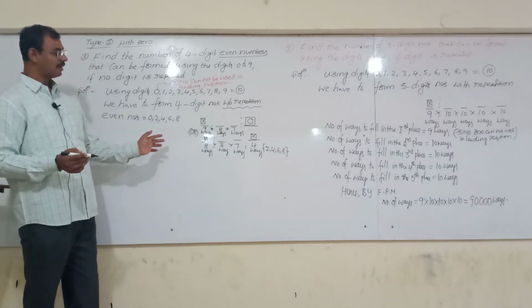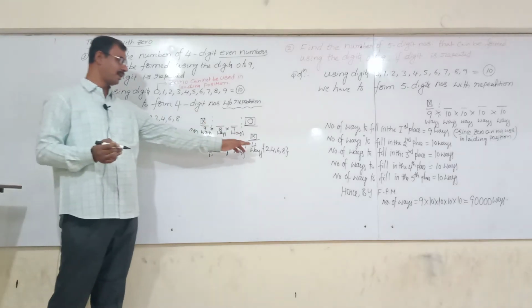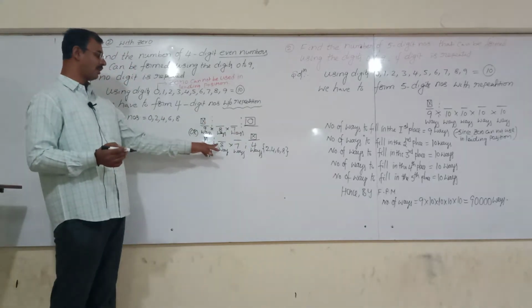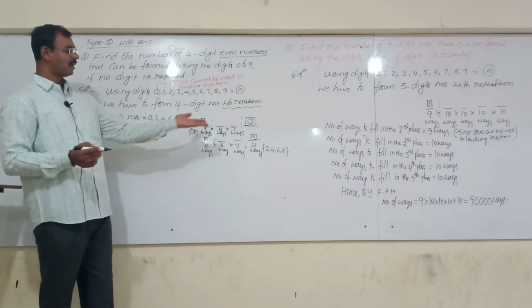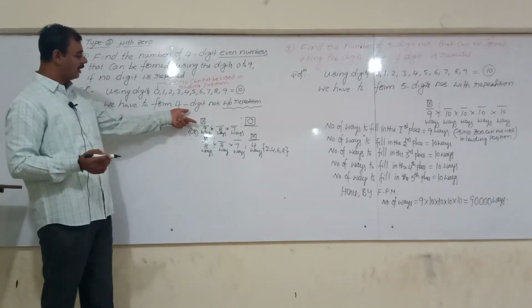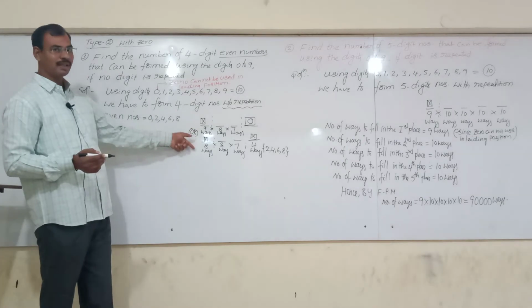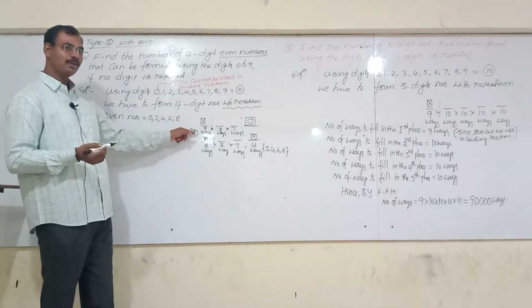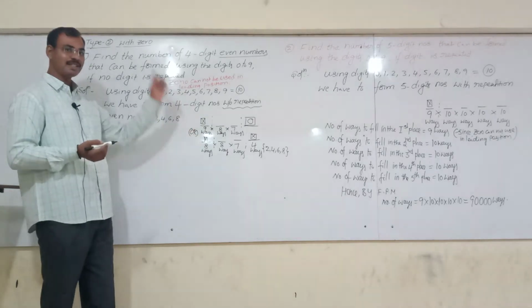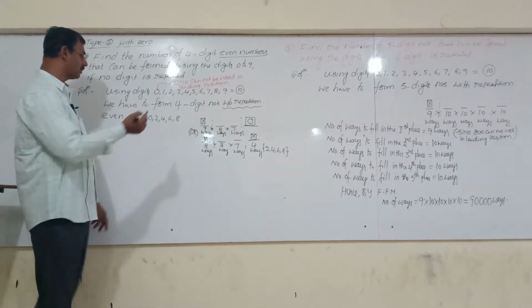If a non-zero is filled in the unit place, number of ways is 8 into 8 into 7 into 4. Then for the required number of ways, either first case or second case. Do I add or multiply? We have to add. Either or. That is the fundamental principle of addition.